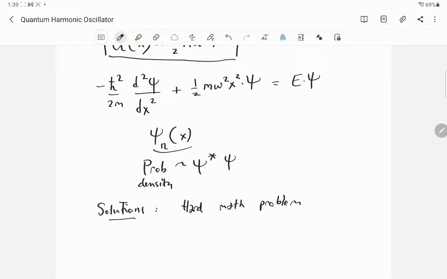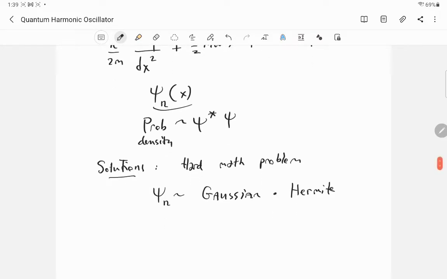It's based on realizing that the wave functions, indexed by some index n, which turns out to be integers, are proportional to a Gaussian multiplied by something called a Hermite polynomial. So it's a Gaussian shape times a Hermite polynomial that turns out to be the answer, which you could show yourself in a more technical setting with the topics. But we don't need that.